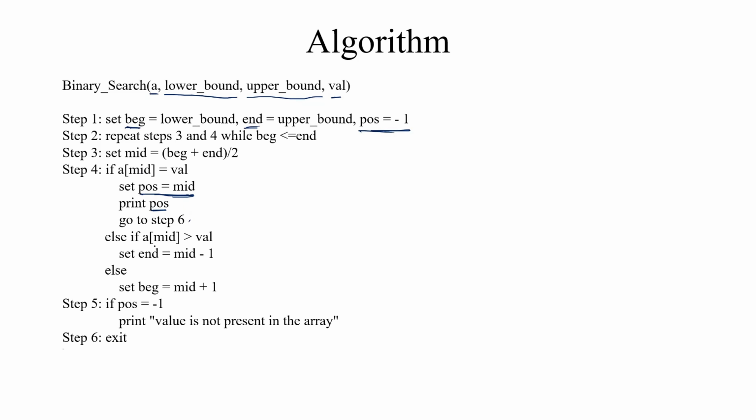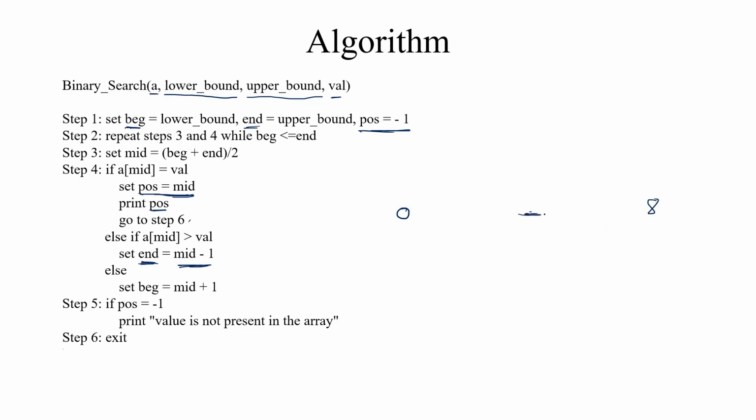Else if the middle element, A of mid, is greater than value, I have to change the index of the end to mid - 1. Why are we changing that? Let's suppose we have 0 here and 8 here.